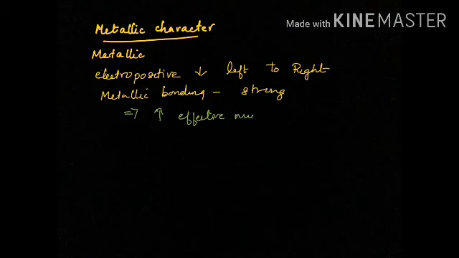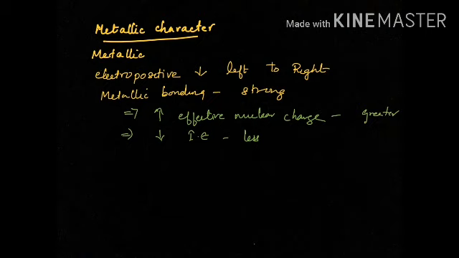Their effective nuclear charge is very high, right? Transition elements have higher atomic number, so they have higher effective nuclear charges, but comparatively they have lesser ionization energy. So ionization energy is less and the effective nuclear charge is great. So these are the two main reasons.